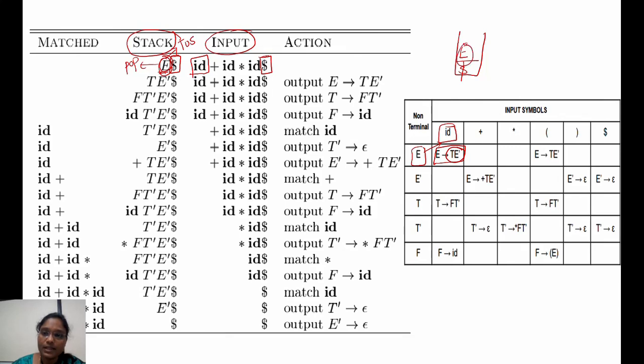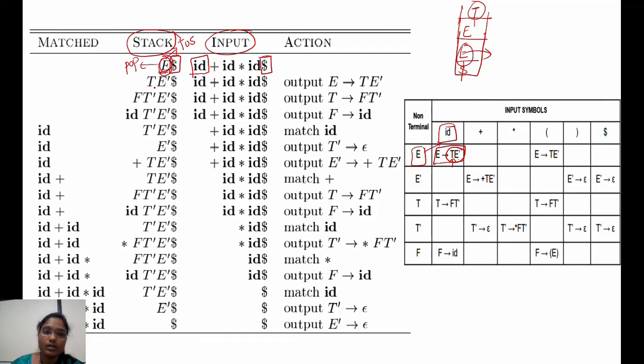Now this E has to be popped out, and the body of the production has to be pushed in reverse order. So E dash will be pushed first and then followed by T. What we have in the leftmost should be on the top of the stack, so that way we need to push it into the stack.